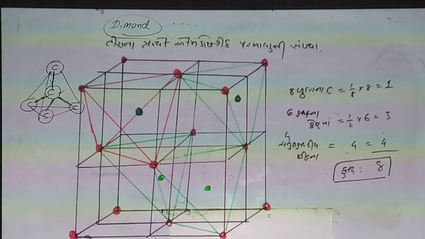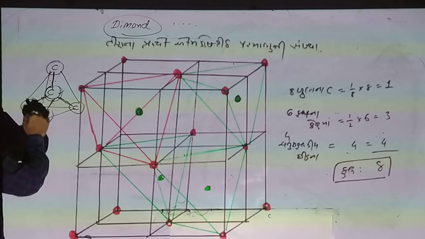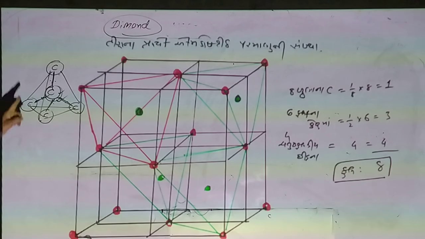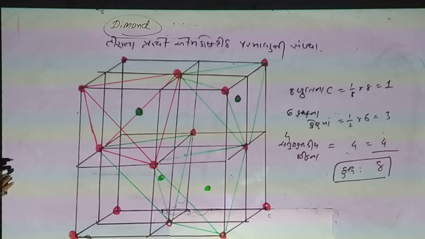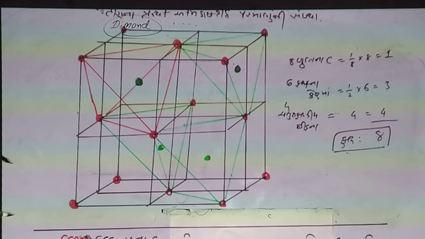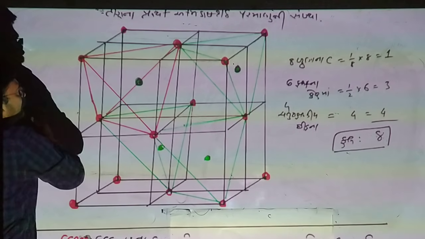That is, an atom is coming between 4 other atoms, that is called the tetrahedral void. So at every 4 spheres' space, there is 1 carbon. Clear? So now listen, when we draw a diagram, you can see here our spheres are lying at the corners.